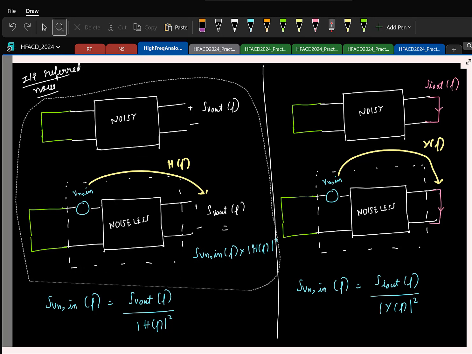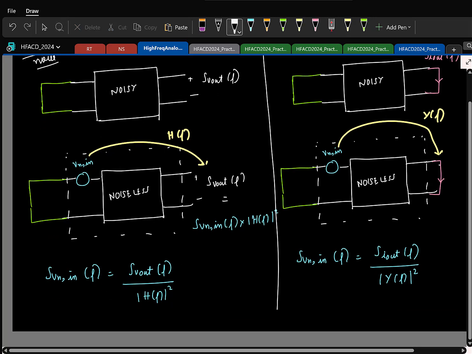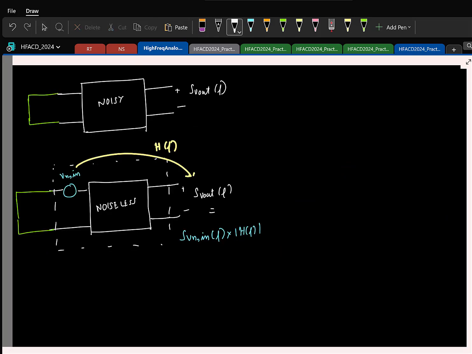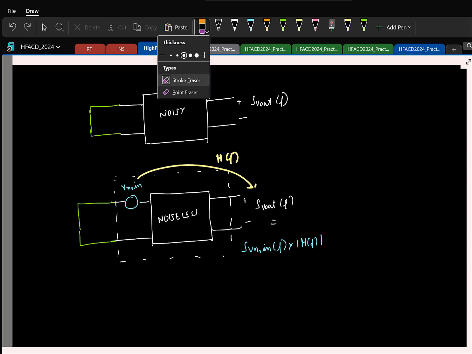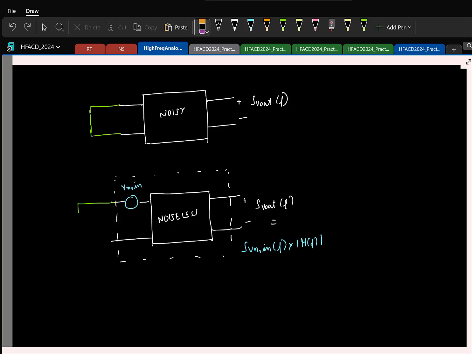So now this is nice, but the issue is this. This model works nicely, but let me erase everything. This model makes sure that if I apply an input here, the final output I get will be the same as here, right?